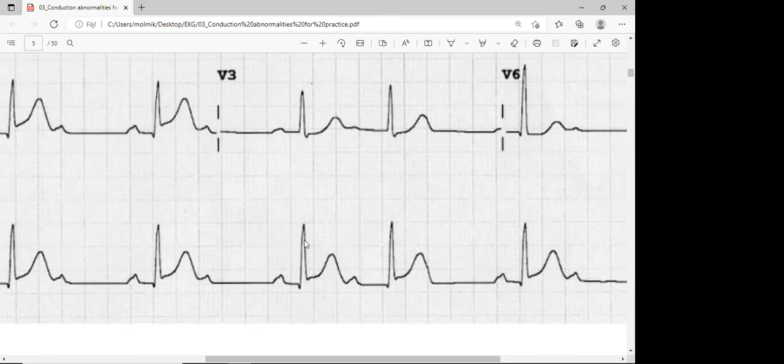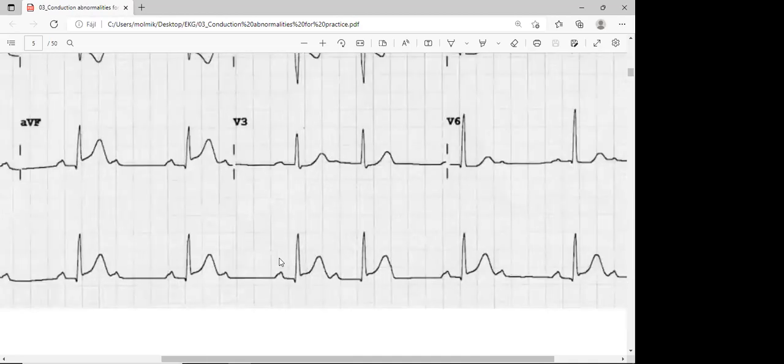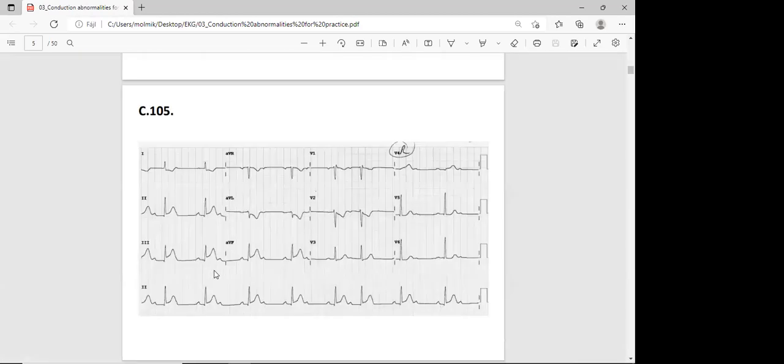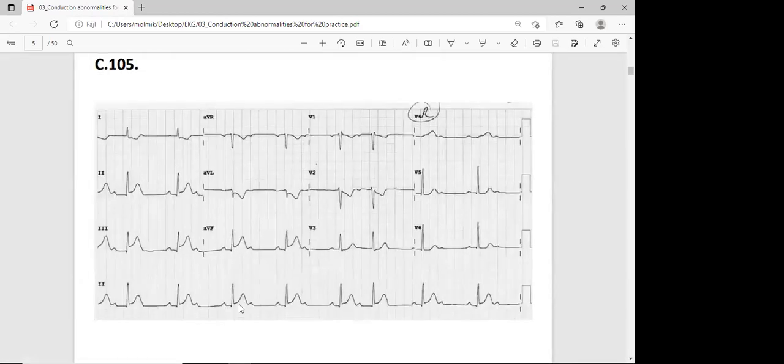If you look at the others, the PR is not changing too much. It's not changing at all. So I would say that this area, except for this first one, has a pretty normal connection between P and QRS.